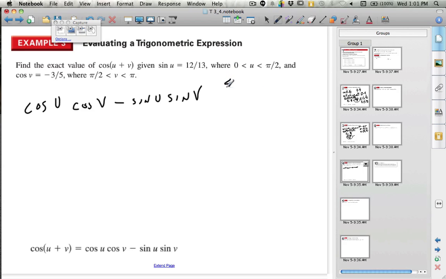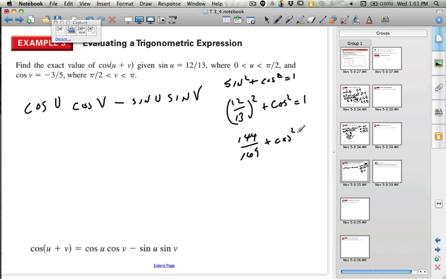I know that sine squared plus cosine squared equals 1. So I know that 12 over 13 squared plus cosine squared will equal 1. So this is going to be 144 over 169 plus cosine squared equal to 1.